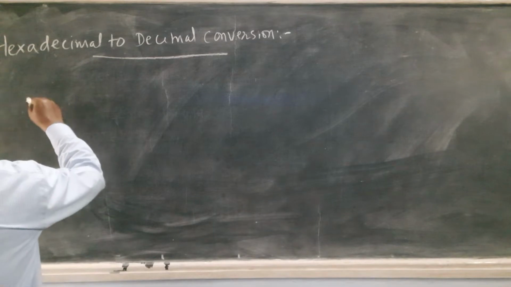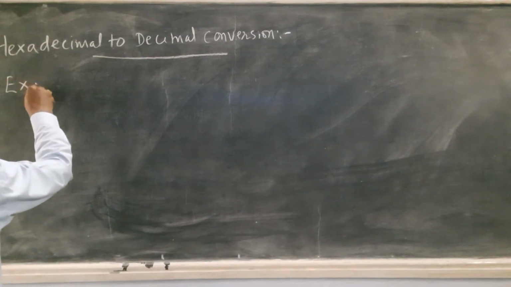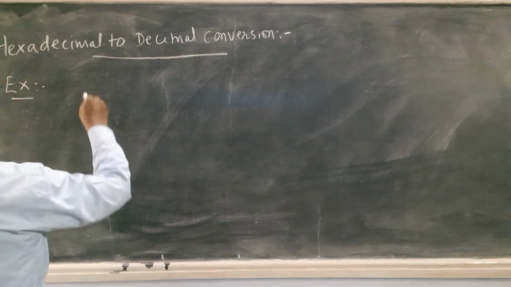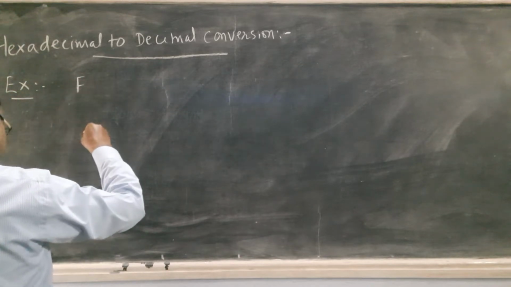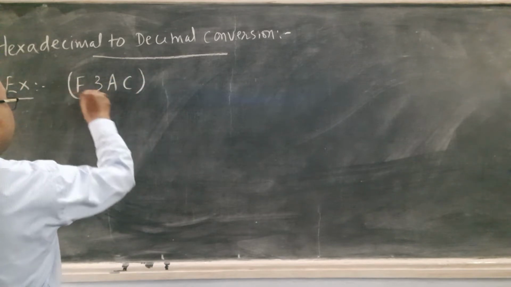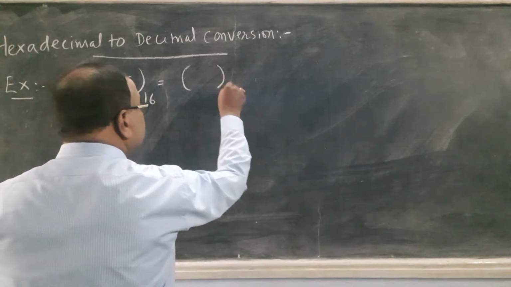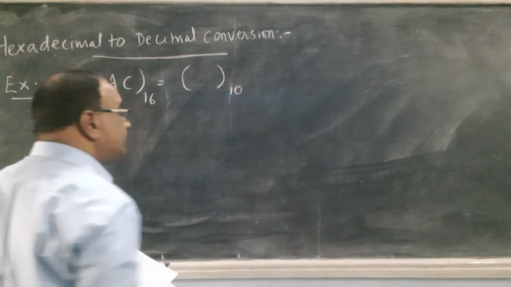Say for example, let me consider an example. The hexadecimal number is F3AC and I want to convert this into a decimal number.